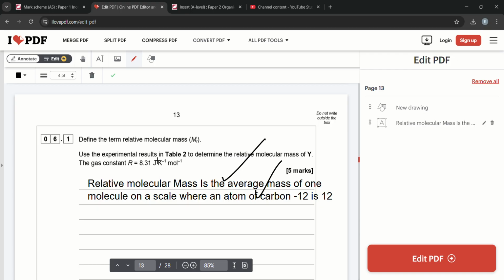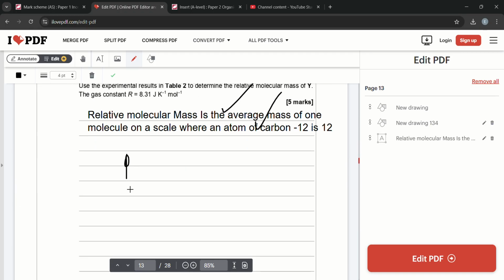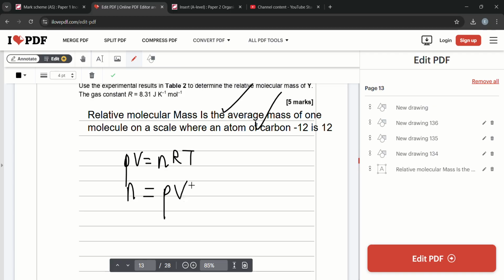And then it says, using your experimental results in table 2, determine the relative molecular mass of Y. Well, we're going to use PV equals nRT, the ideal gas equation. In order to find molecular mass, we need the moles, which is mass over Mr. So we need to rearrange it to get n equals PV divided by RT.